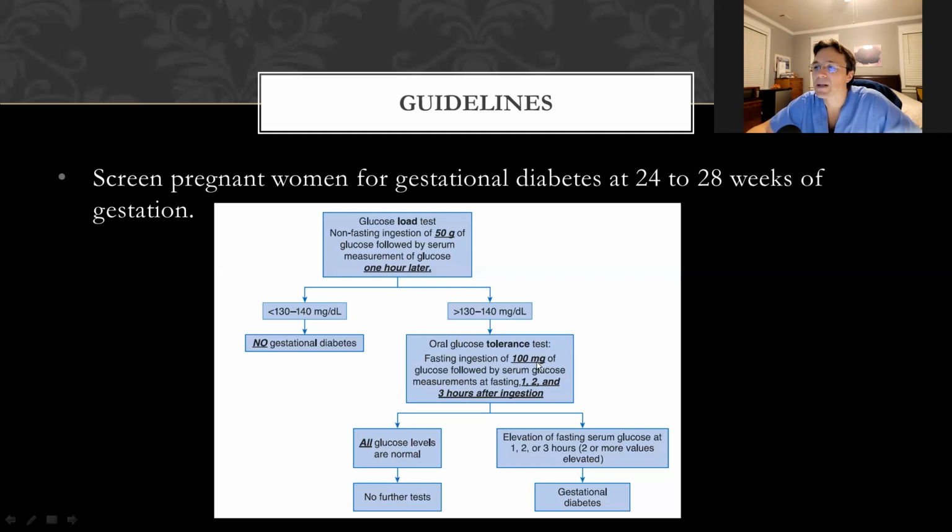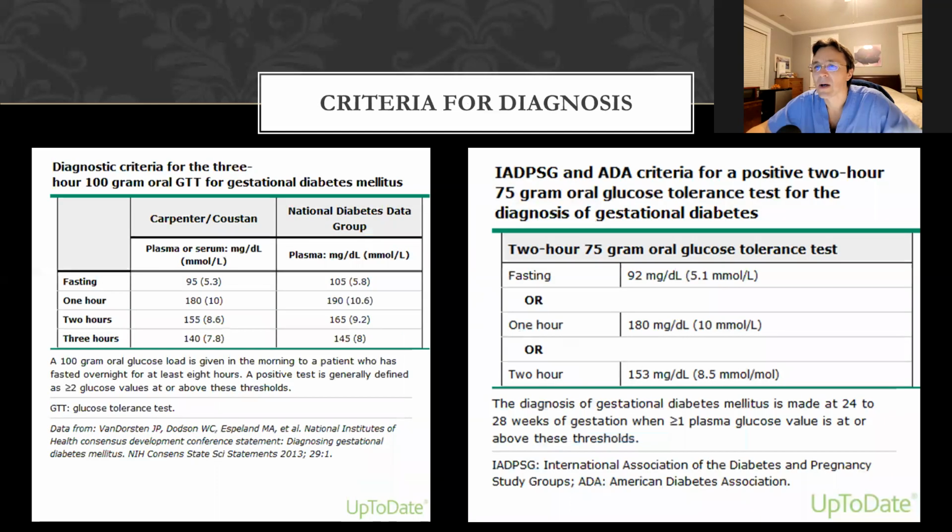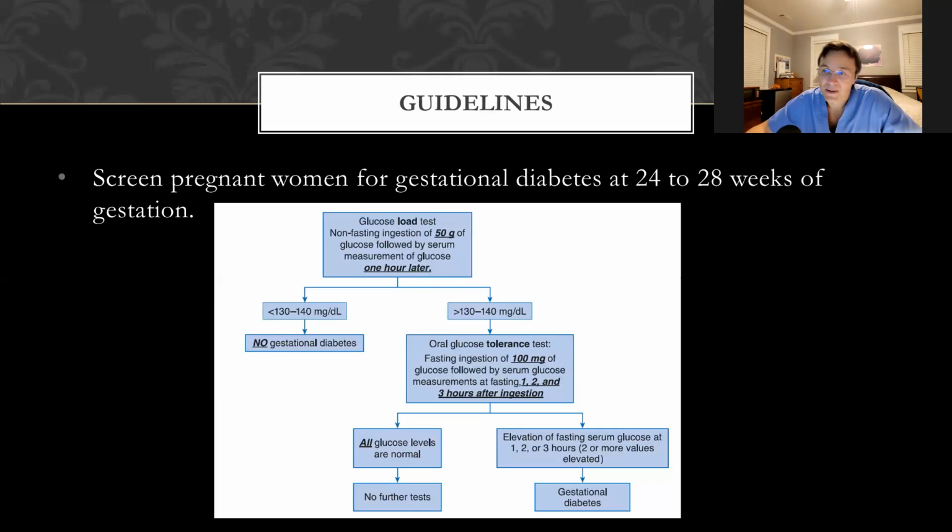All right, so reach out to the author, Dr. Fisher. So that's going to be the test. You can do a 3-hour test, or you can do a 2-hour test. You choose. You want to wait 3 hours? With 3 hours, you do 100 grams of sugar. You want to wait 2 hours? You can do 75. If you have enough time, do 100.